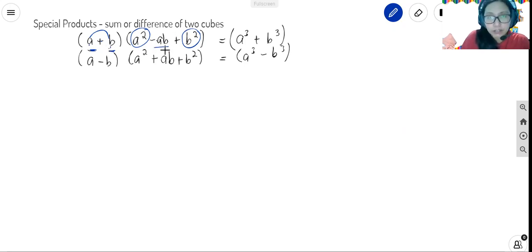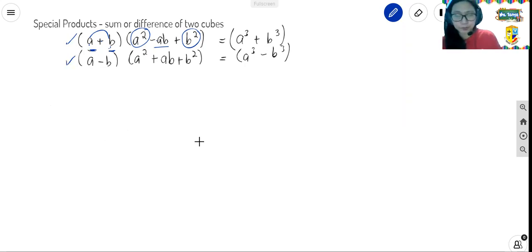And then the middle term of the trinomial is a product of the two terms of the binomial, and then the sign is minus. If there's a plus here, but it still follows the same pattern, then you can also use the sum or difference of two cubes. So your answer will simply be a cube plus b cube if you have this first pattern, and a cube minus b cube if it follows this second pattern.